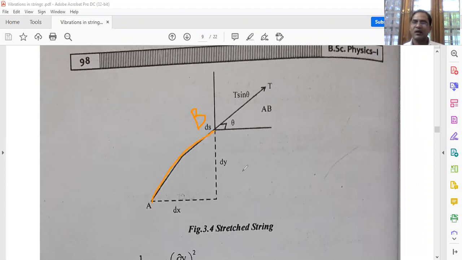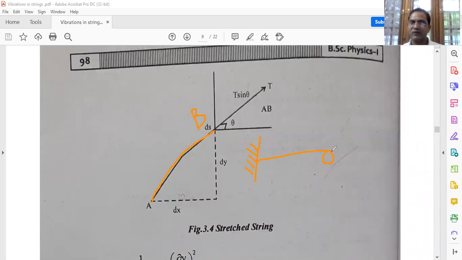Here the string must be under tension. Suppose the tension is applied on the string as shown here. This is a pulley. One end of the string is connected to a fixed end.